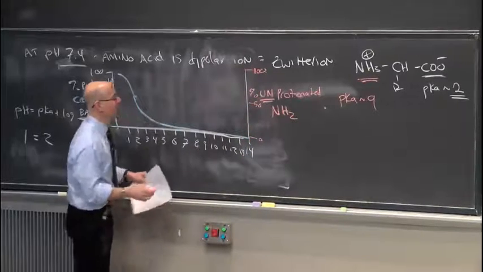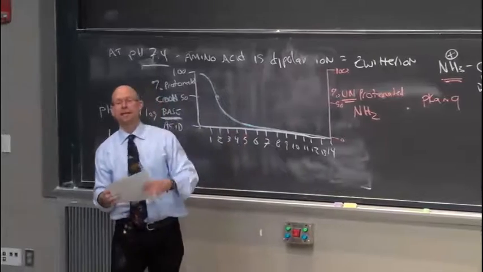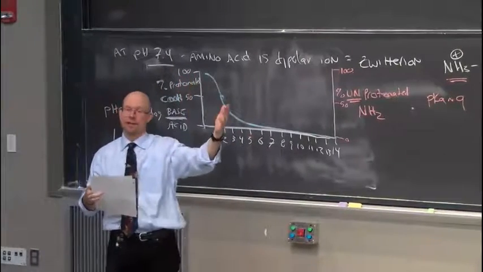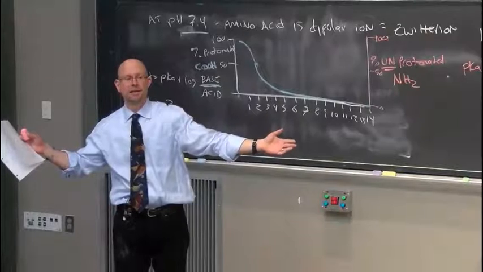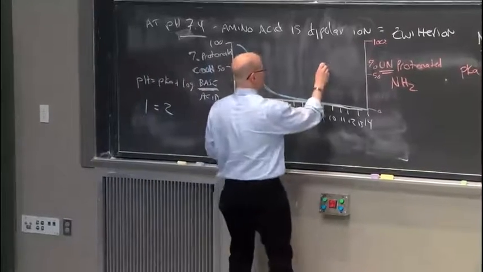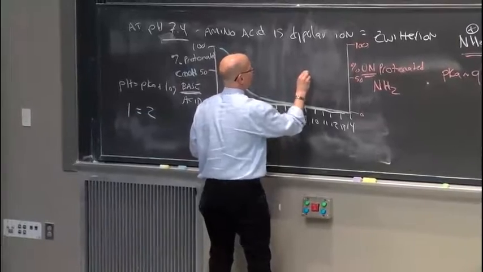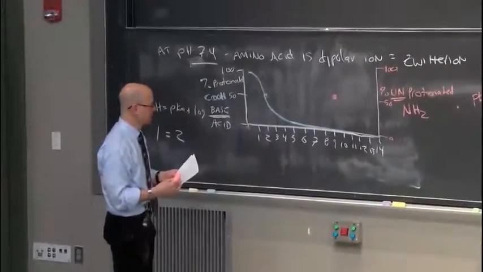When I'm at a pH of 9, when I'm at the pKa, what percent is unprotonated, or what percent is protonated? pH at the pKa. 50%. Okay? So that means here at pH of 9, 50% of it is protonated, 50% is unprotonated.